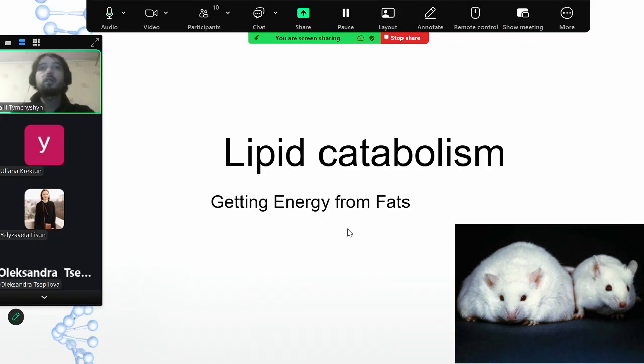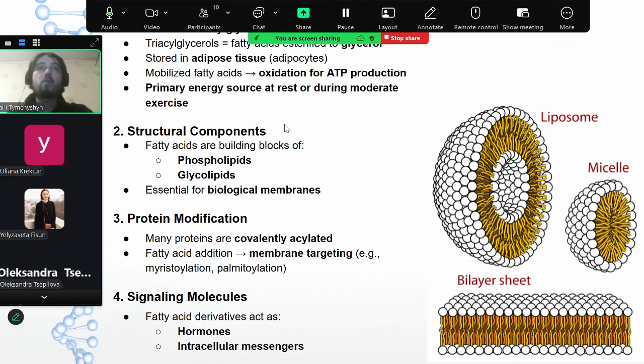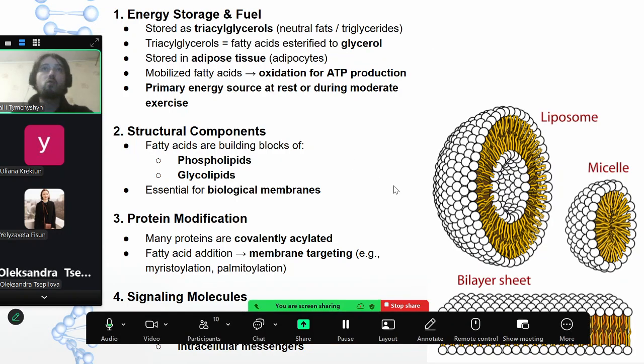And here we start lipid catabolism. So we are getting energy from all those lipids. Moreover, we use them as structural components and signaling molecules, and even for protein modification.